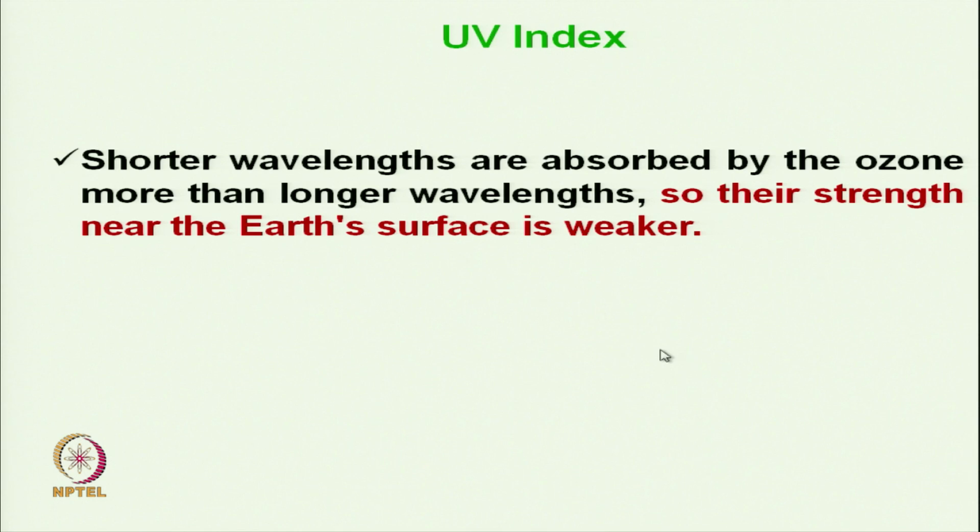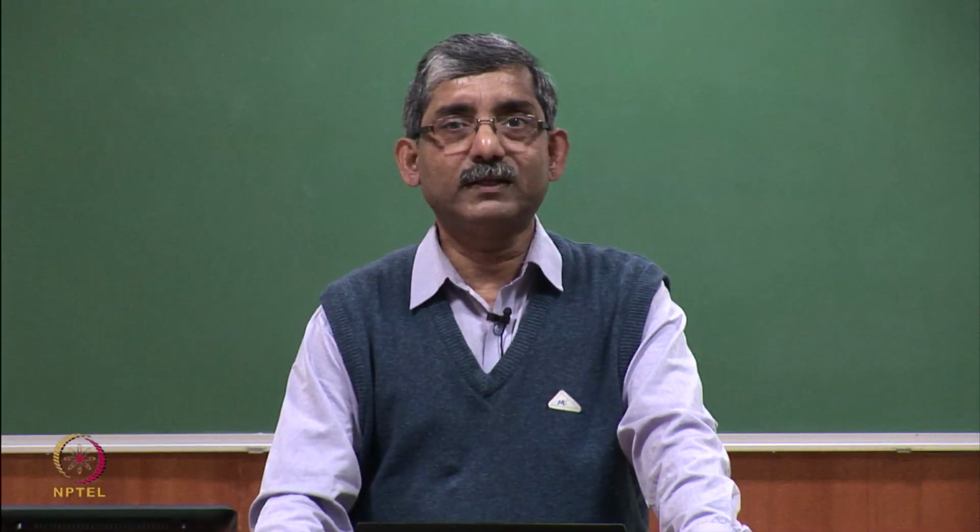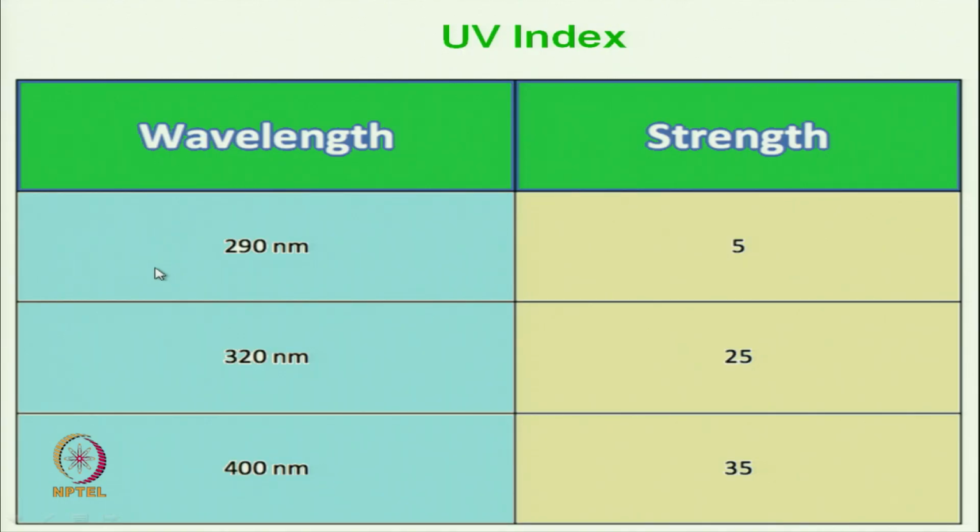The shorter wavelengths are absorbed by ozone more than the longer ones, so their strength near the earth surface is weaker. Depending on the wavelength, these are absorbed by the ozone layer maximally at 290 nanometer.